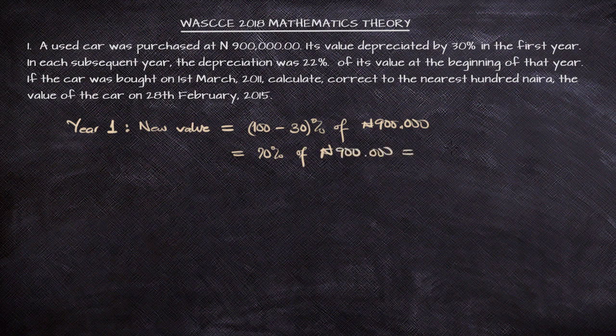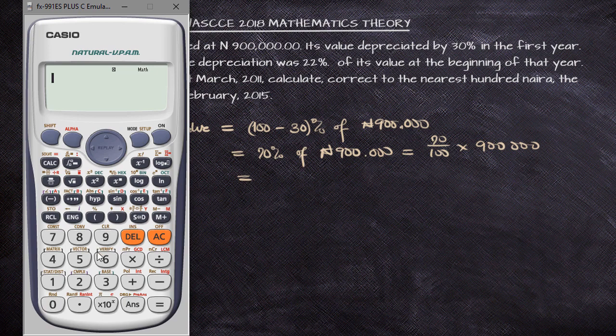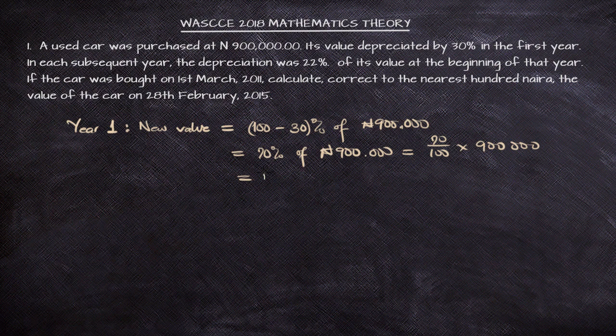That will be 70 over 100 times 900,000 naira. And if we bring in our calculator, we have 70 divided by 100 times 900,000. That will give 630,000 naira after the first year, in which the depreciation is by 30%.